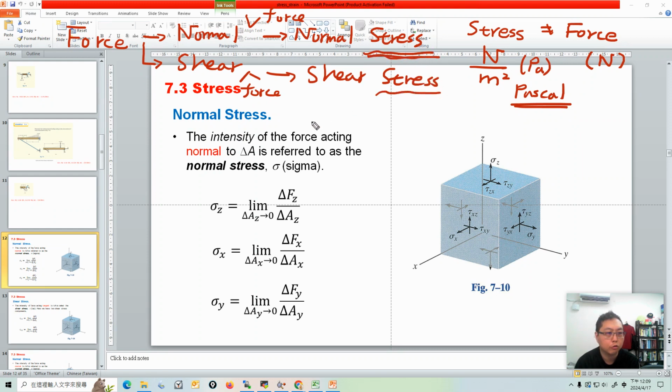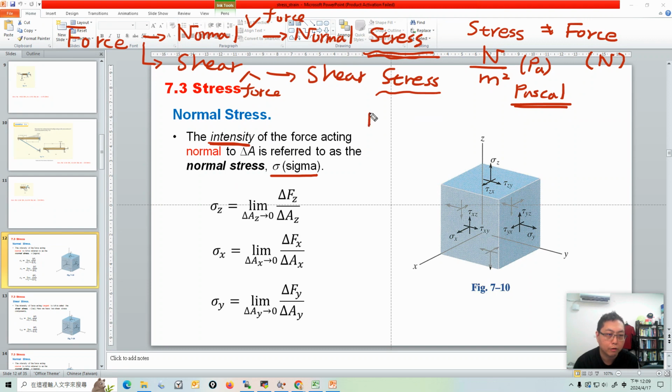What is stress? Stress is the intensity. It's force divided by area. In this class, for normal stress, we use sigma to represent the normal stress. On the right hand side is a tiny element in the material.